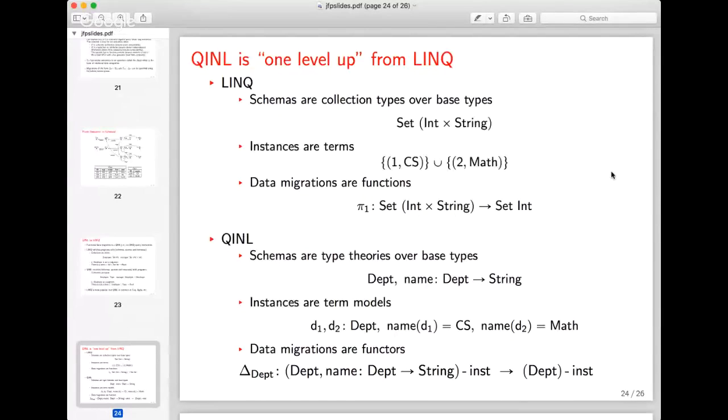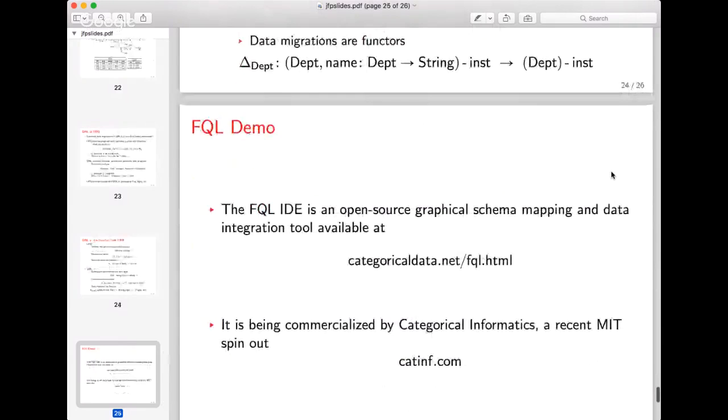These are departments such that some equations hold, and we get an entire model. And then finally, the data migrations, rather than just being functions, are entire functors. So here we can use delta to take an instance on the schema that has department and name to a schema that just has department. So it's kind of a projection forgetting kind of thing. And so for this reason, we think of Kinnel as being one level up.